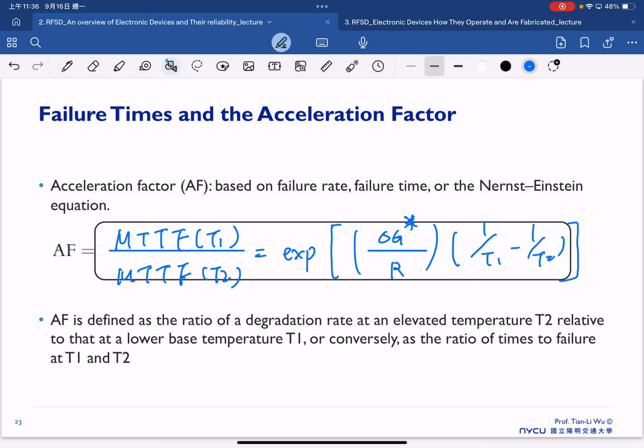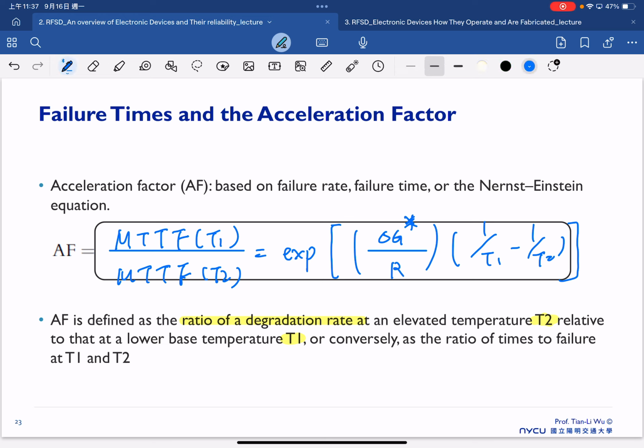So the acceleration factor is defined as the ratio of the degradation rate at two different temperatures, T1 and T2. As you know, temperature is one of the ways we accelerate degradation, so we are definitely interested in how to quantify the acceleration coming from temperature. That's why we come up with this AF to calculate the degradation rate ratio between one temperature and another.